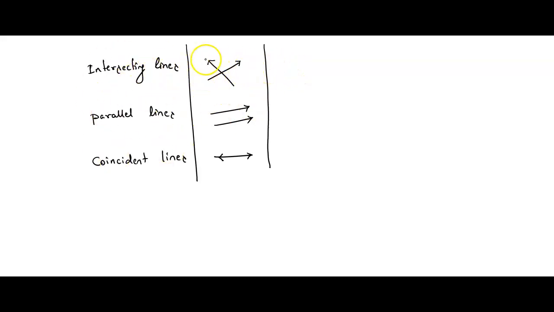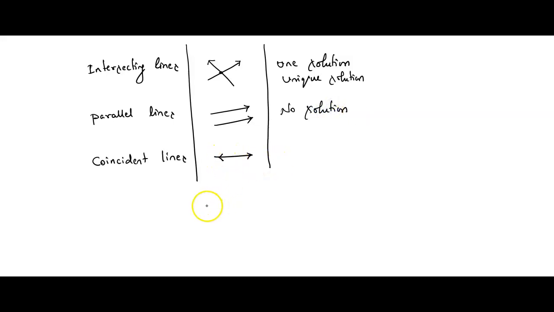Now, if the lines are crossing each other, they form one solution. How many solutions do we get? We get one solution, which is called a unique solution. If the lines are parallel, it means no solution.